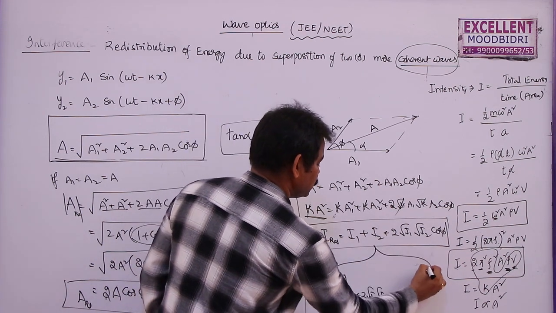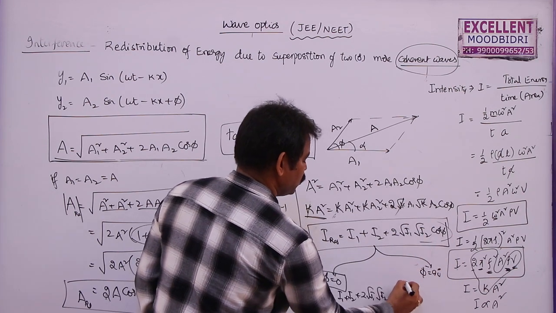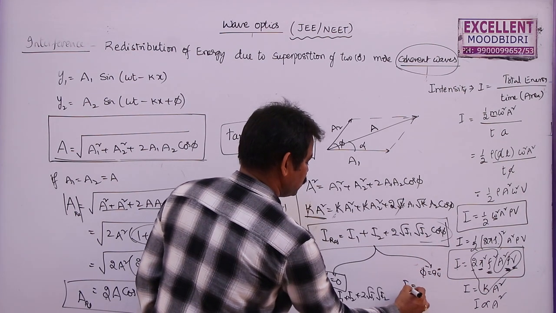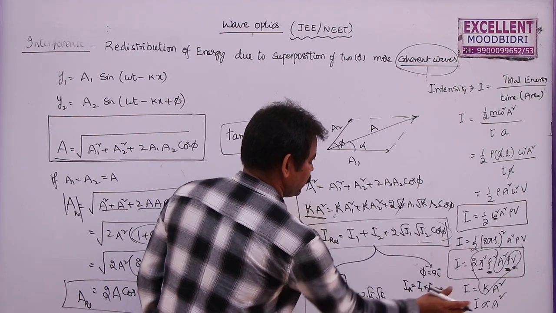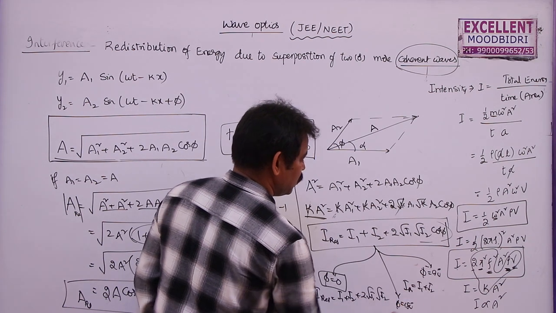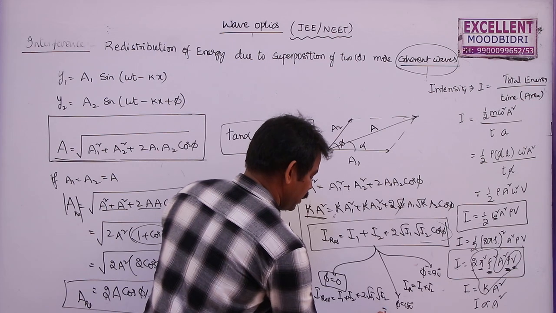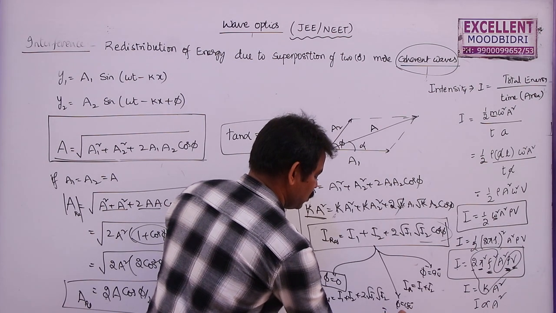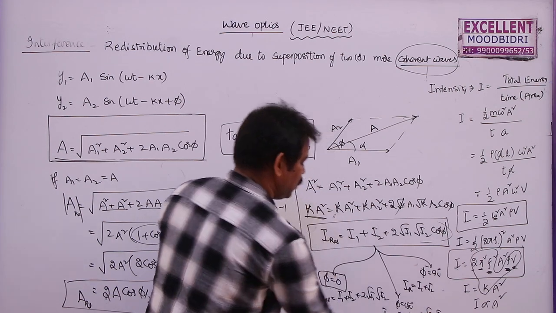When the phase difference is equal to 90, cos 90 is 0, so I resultant is equal to I1 plus I2 only. And if phi is equal to 180, cos 180 is minus 1, so I resultant is equal to I1 plus I2 minus 2 root I1 I2.